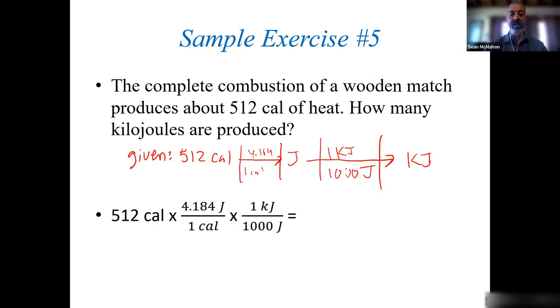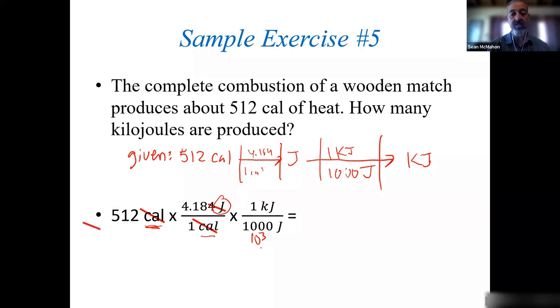And now we can set it up. Always we want to put the unit we're trying to cancel on the bottom of the conversion factor so that they cancel. But I don't want just joules. I want to go all the way to kilojoules. So there's 1,000 joules. Sometimes students write it as 10 to the 3 because 10 to the third power is 1,000. That's totally fine.